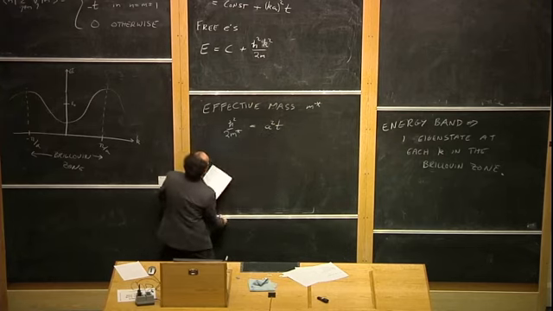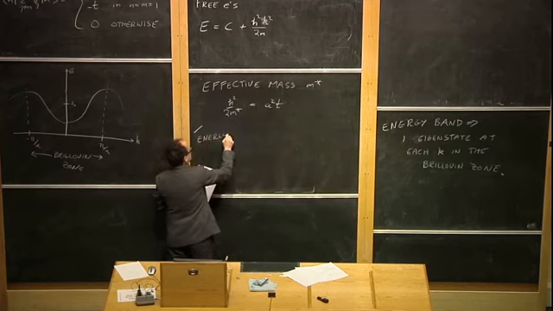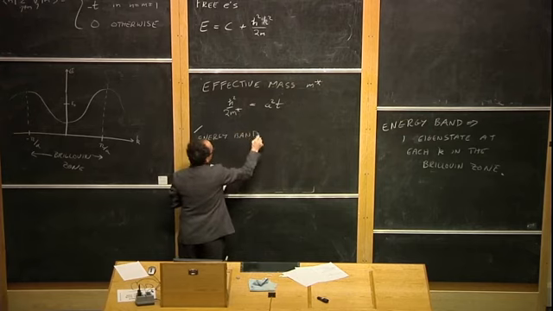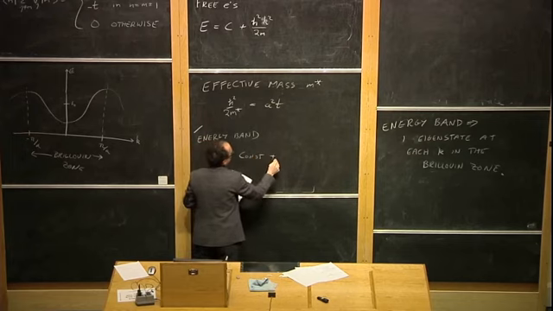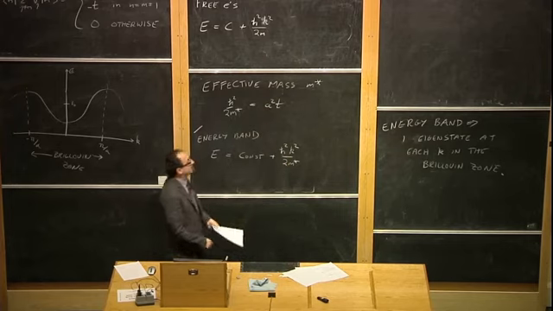With this definition, for electrons in our energy band, we still have energy equals a constant, same constant, plus h bar squared k squared over 2 m star. Okay? It looks just like free electrons.